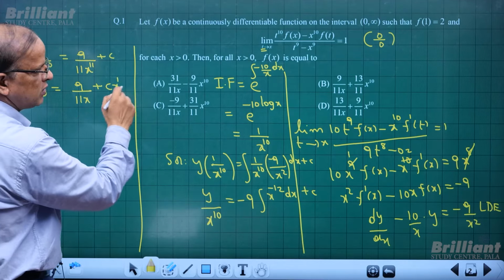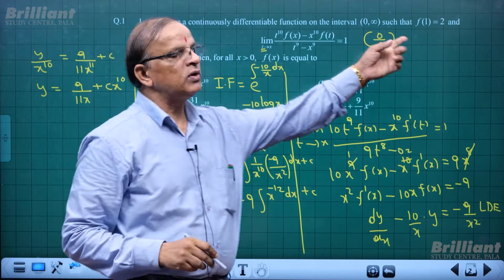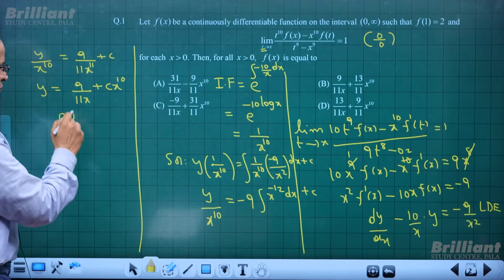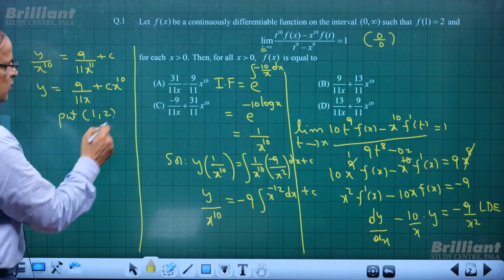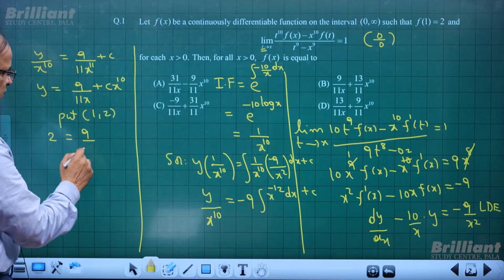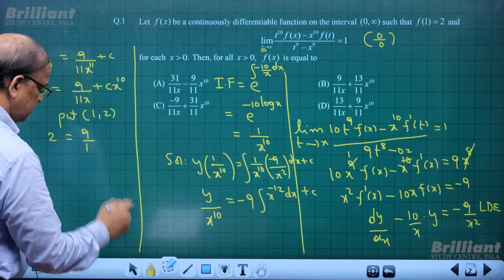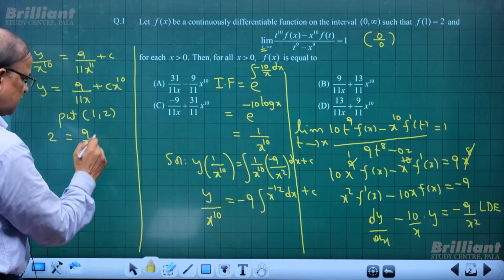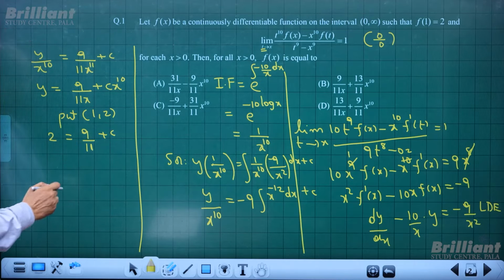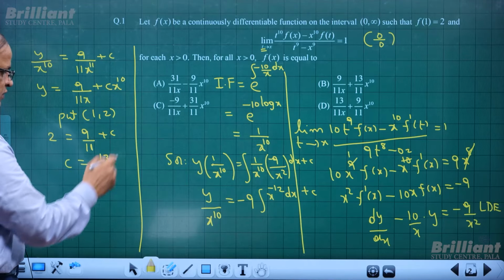But it passes through (1, 2). Put (1, 2): 2 is equal to 9 by 11 plus c. So 22 minus 9 is 13, so c is equal to 13 by 11. Put this in the function.